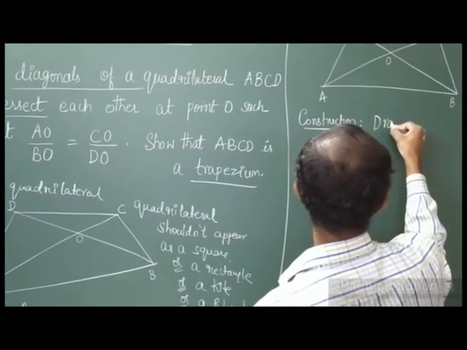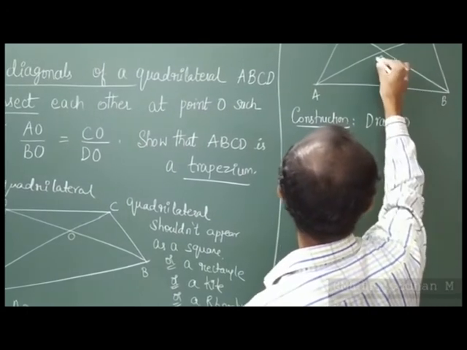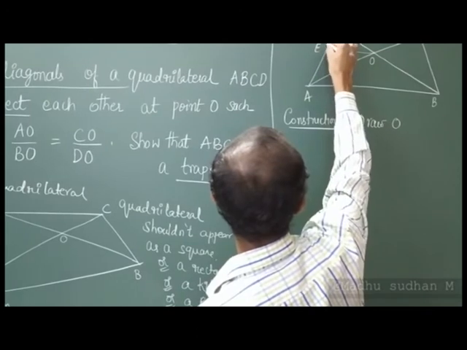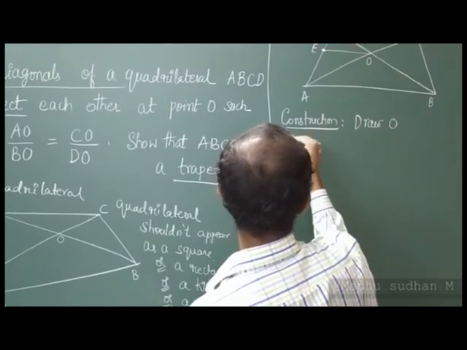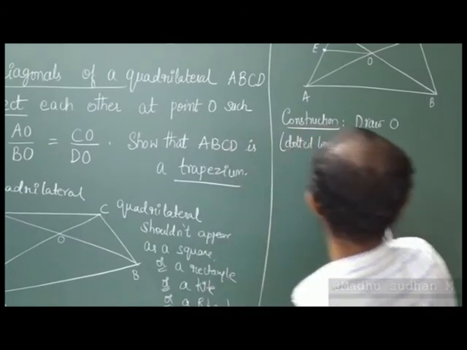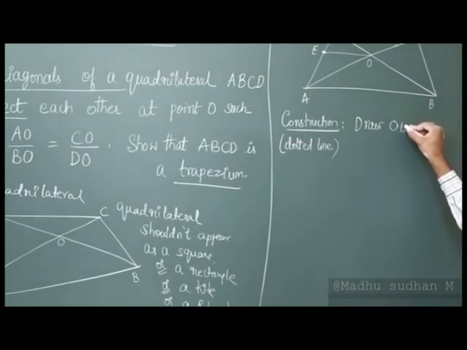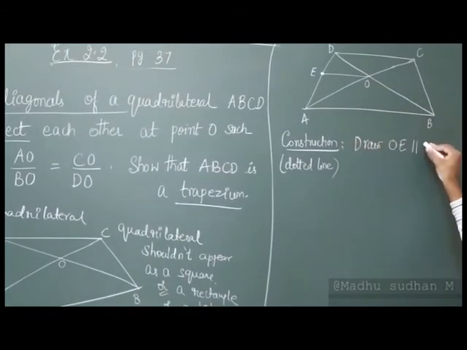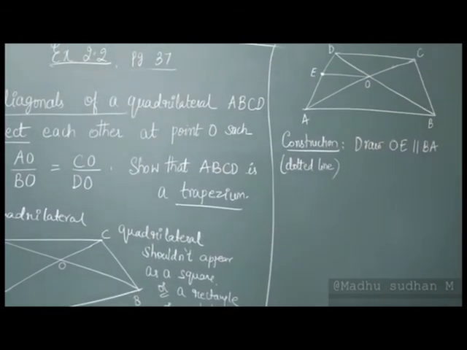Construction. Draw O, join this and let me call this vertex E. Construction is always in dotted line. Draw OE parallel to BA. Followed it?